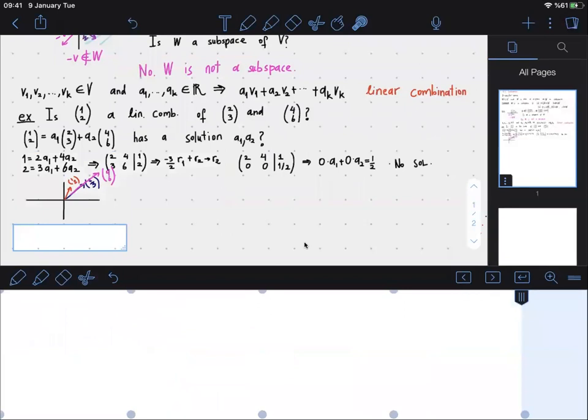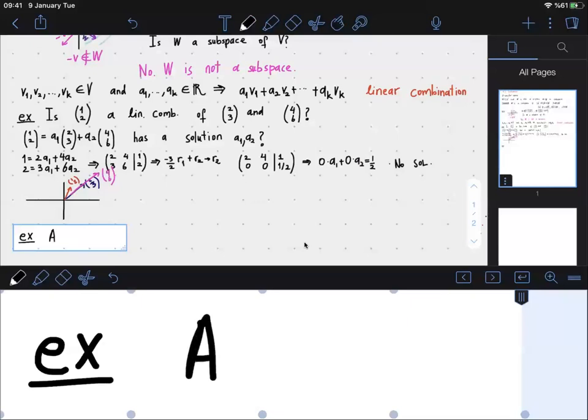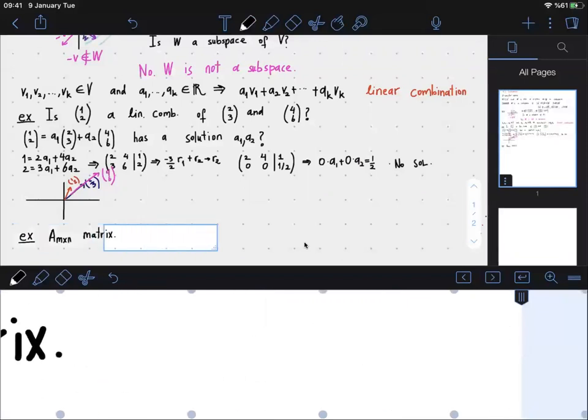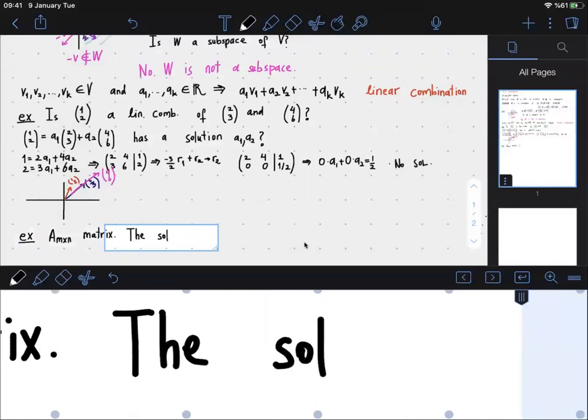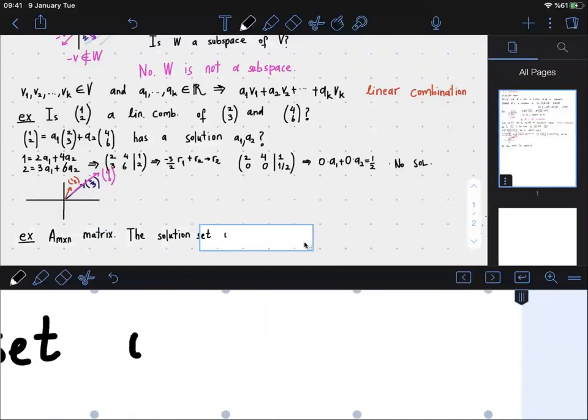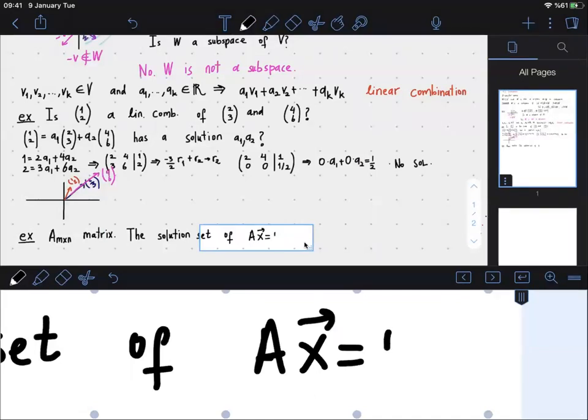Okay, so we have one more example from the last section. Let's talk about it. This is not just an example, but also like a theorem. Suppose we have an m by n matrix A, and suppose we look at the solution set of A times x equals the 0 vector.